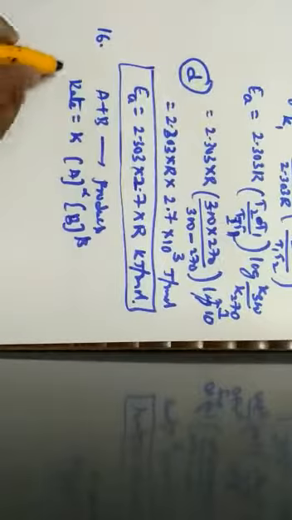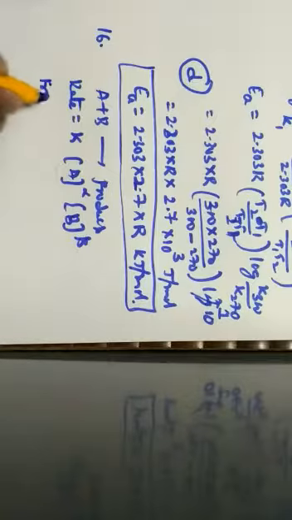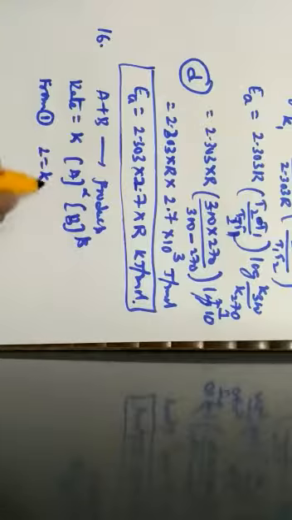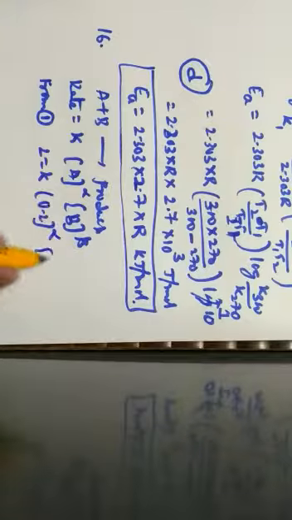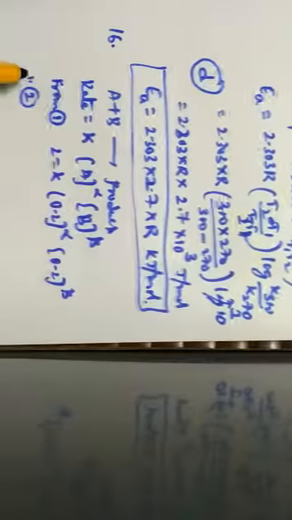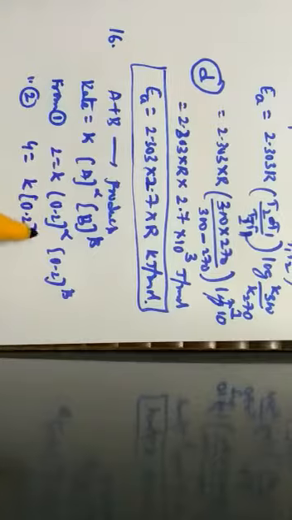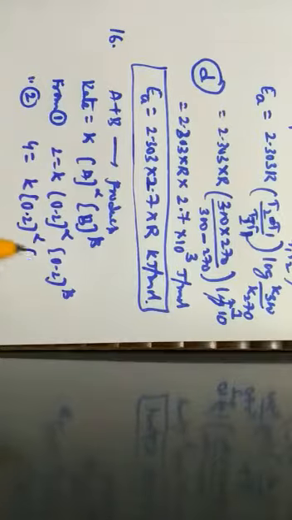So according to the given data from different experiments, from experiment number 1, the rate is 2, so I'll write 2 is equal to K into 0.2 raised to alpha and 0.2 raised to beta. From the second data, 4 is equal to K into concentration of A, 0.2 raised to alpha, and concentration of B, 0.4 raised to beta.